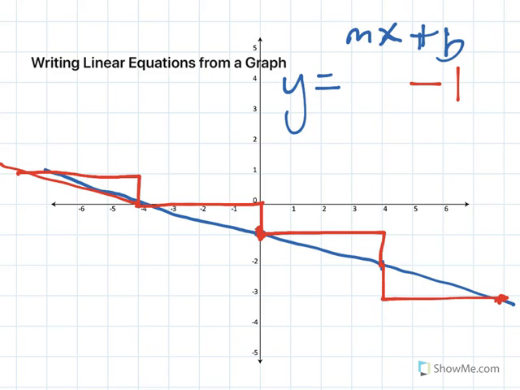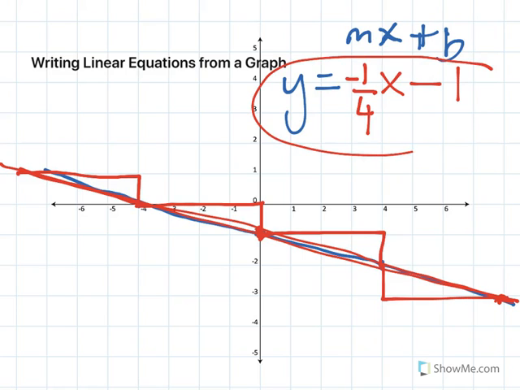So basically, the rise is 1 and the run is 4. So the slope is 1 over 4, or 1/4. But look at the way this line is going up and to the left, or down and to the right, however you want to look at it, which means it's a negative slope. So it's going to be -1 over 4, and then there's the x.